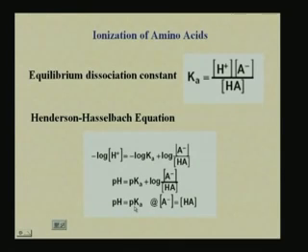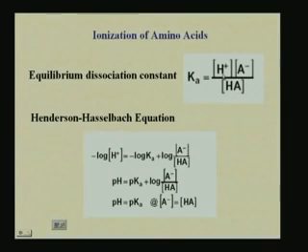We are considering our amino acid as one HA form, and we consider the dissociation from HA to H plus and A minus. And what am I getting from there? I am getting a pH equal to pKa when my A minus is equal to the HA. Fine?